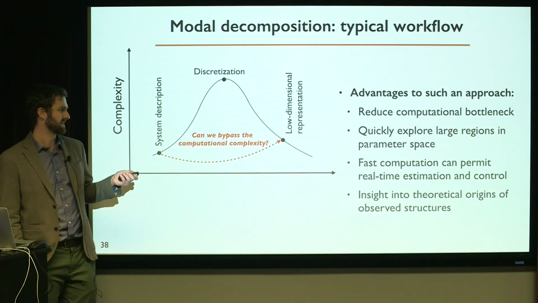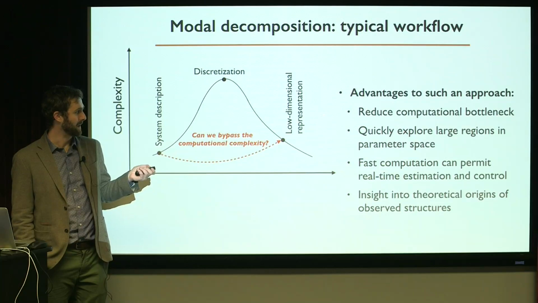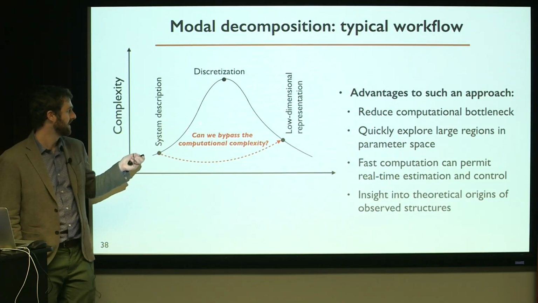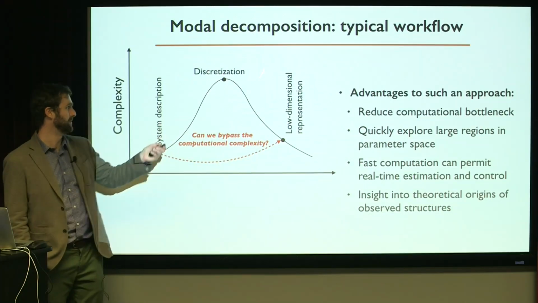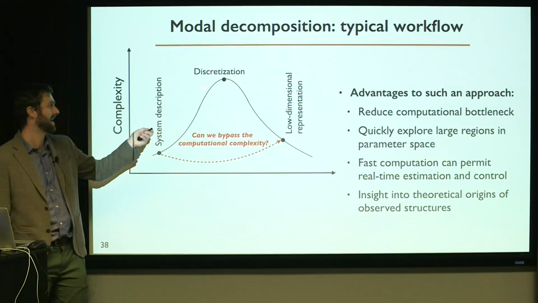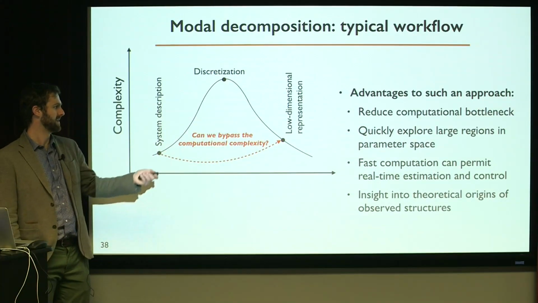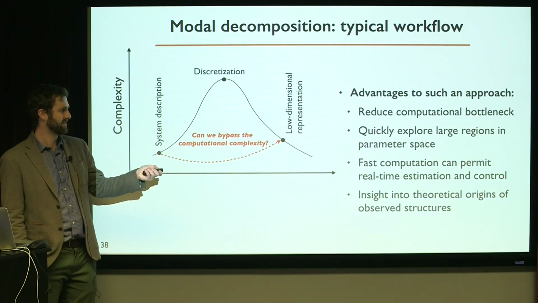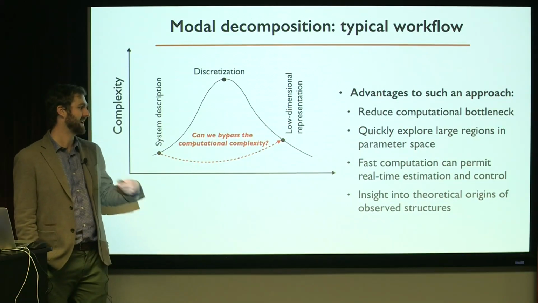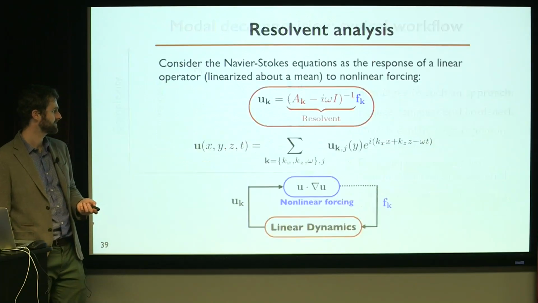And as I alluded to, if we could do this, we'd reduce the computational bottleneck that arises because of the fact that we need to allocate some serious computational power towards analyzing our discretized system, which can limit the number of parameters that we can look at, or the number of different test cases that we can run.